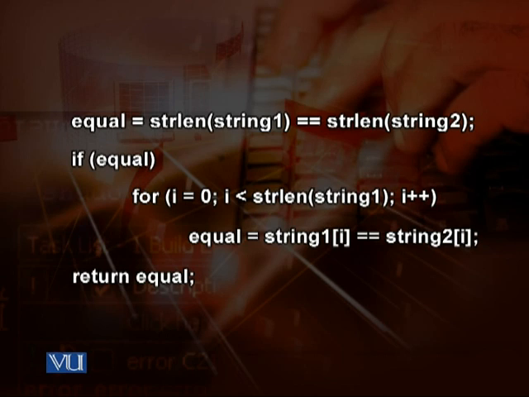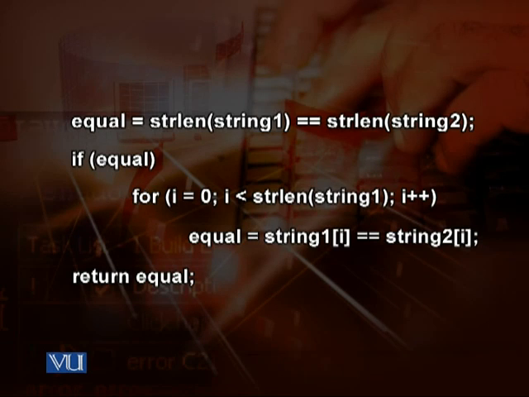If the lengths are not equal, then the value of the Boolean variable is set to false. In the next if statement, if equal, in this case the condition will be false, and hence we come out without going into the for loop or the if statement and return the false value. So in that case we are done. That is, if the two strings are of different length, they are not equal, and hence we return false.